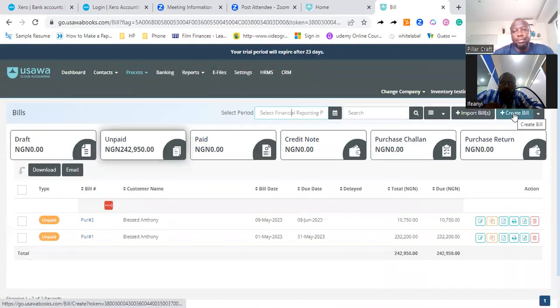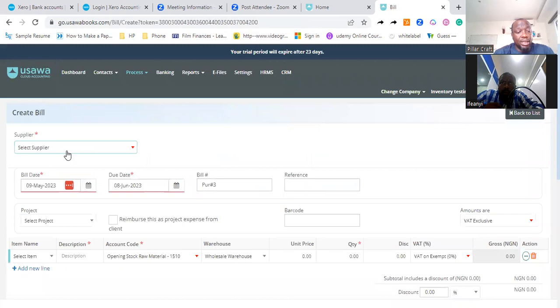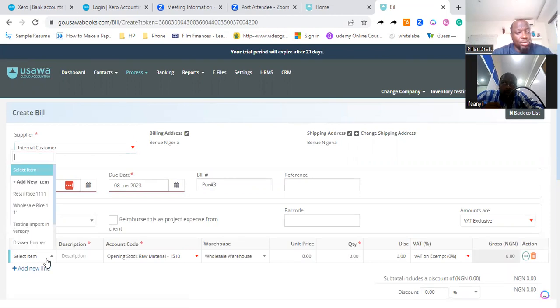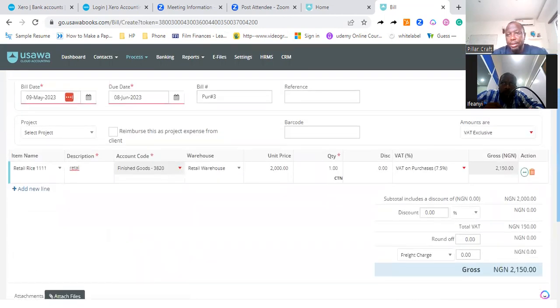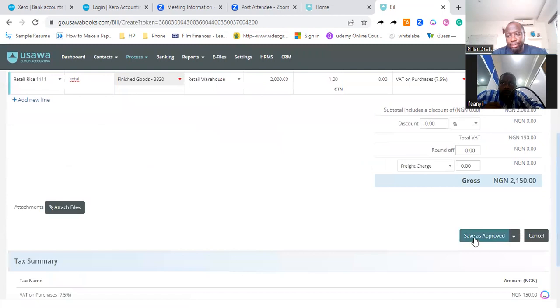We then went again to do a bill. We created a bill in the name of the internal customer so that they can match out. We said we want to buy this wholesale item, retail. We'll now buy one at 2,000, right? Now we go to approve.